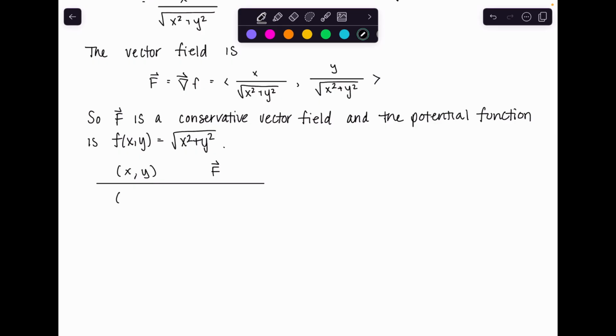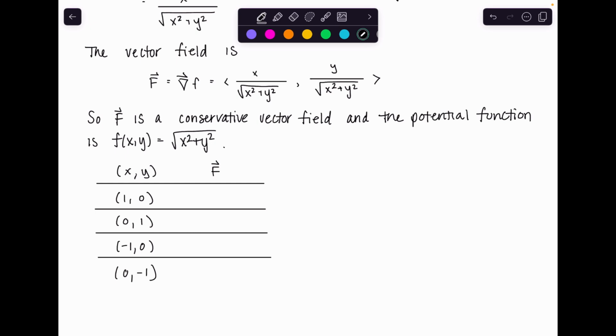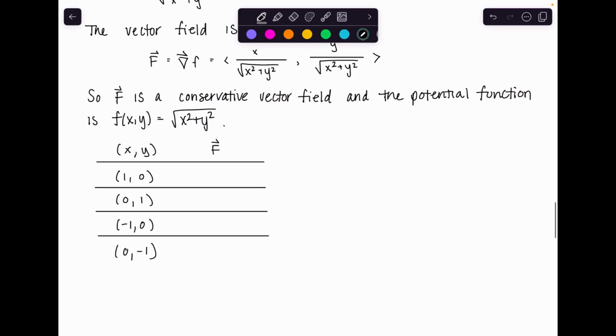So we'll do 1, 0. We'll do 0, 1. We'll do negative 1, 0. And then 0, negative 1. And then I'll pick some more from this too, but this is a good starting base.